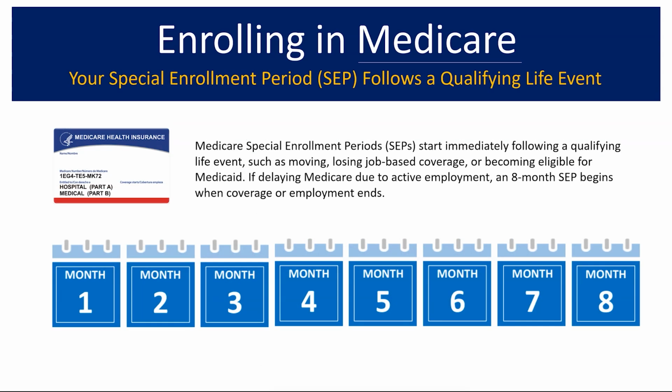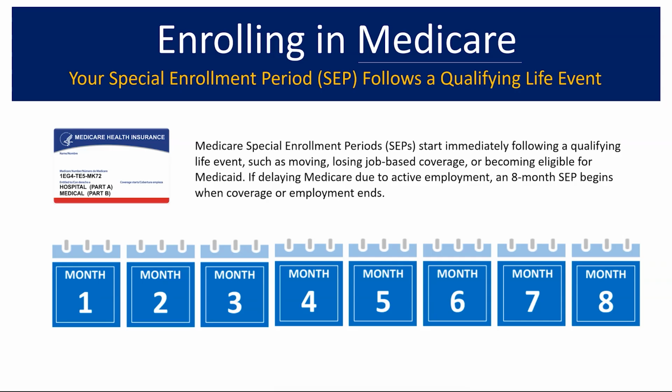Now, Medicare itself also has various numbers of special enrollment periods. Now, we call that an SEP. So to qualify for an SEP, you must have some sort of event, some special reason, some qualifier that allows you to enroll in Medicare outside of your initial or outside of the general enrollment period.